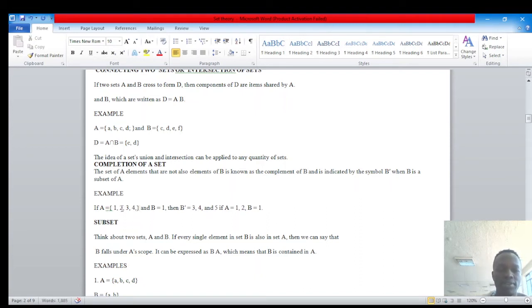So this is a complete set A. And B, close the bracket, open the bracket. Here you are asked to find the complement of set B.